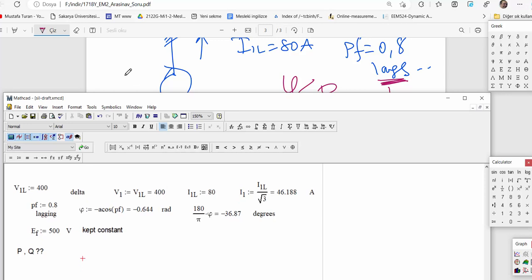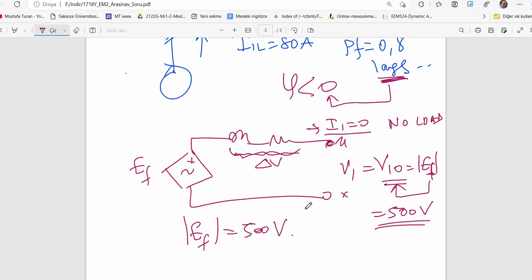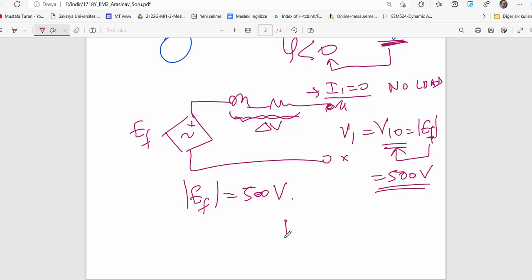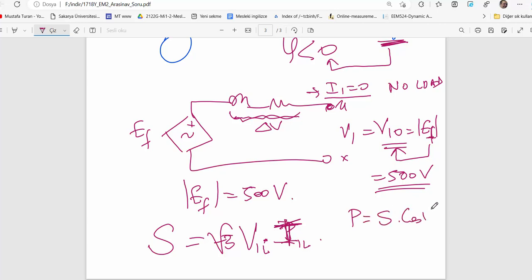Current is known. Terminal voltage is known, line to line. So by multiplying square root 3, you get three-phase apparent power, and then if you multiply apparent power by power factor, you get active power. If you multiply apparent power by sine phi, you get reactive power.